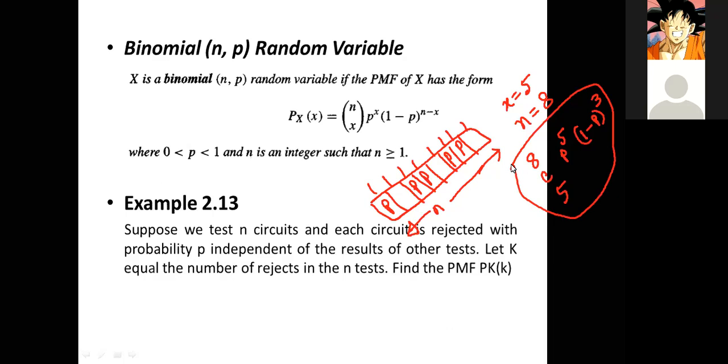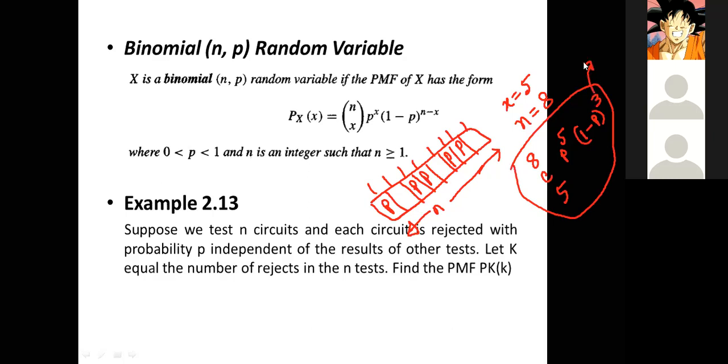Can you remember? Yes, sir. In the last class, we talked about this one. This 3 came from where? This is coming from 8 minus 5. So if I write the general equation, it will be N C X, P to the power X, 1 minus P to the power N minus X. N is what?